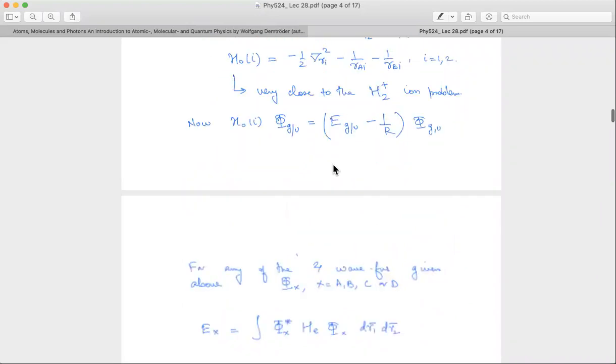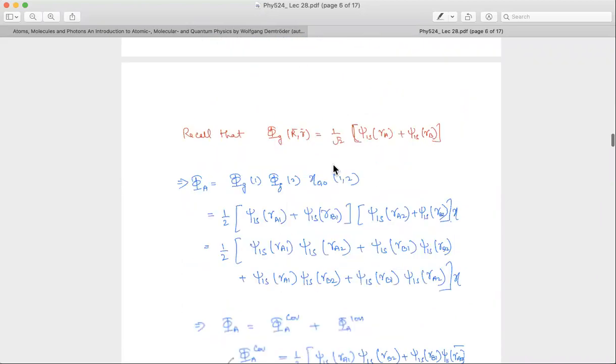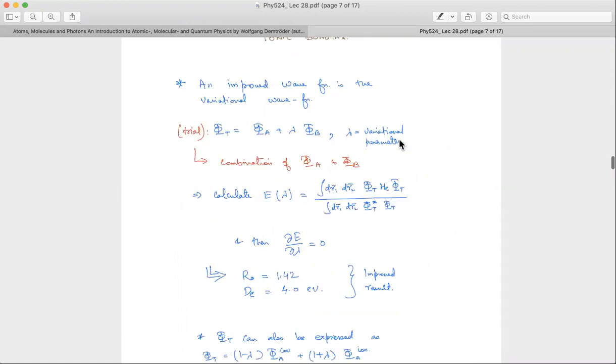Yeah, the trial wave function came after this LCAO. Sir, here you have written the trial wave function is a combination of phi A and phi B. So why have you not written phi C?